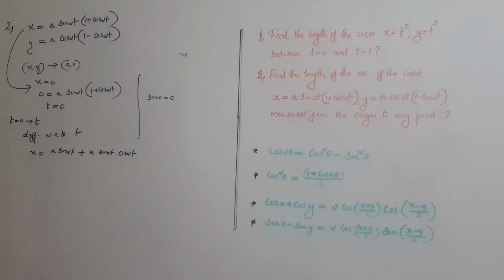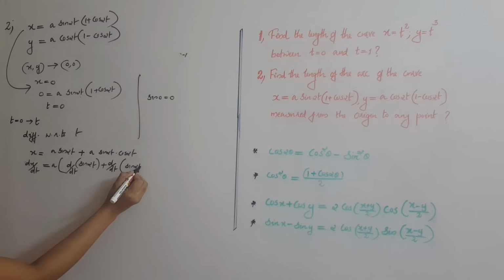Now differentiate it. Then we get dx by dt is equal to a, which is common and a constant, so we can take it outside. The remaining term is a into d by dt of sin 2t plus d by dt of sin 2t into cos 2t.